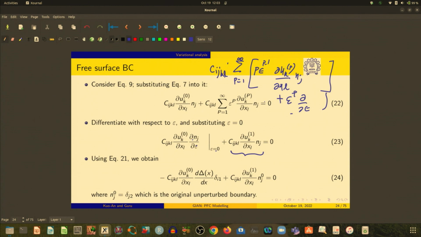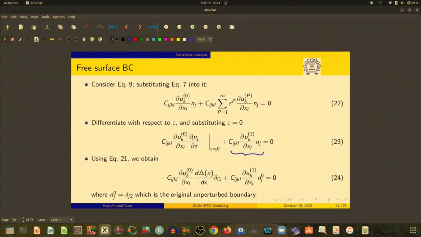I am putting epsilon 0, right. Do you see? Okay. So, you do this, these are the only terms that survive, 2 of them. That is true even for the first one also. C you assume as a constant, but dou uk 0 by dou xl is the 0th one, which is not dependent on epsilon.